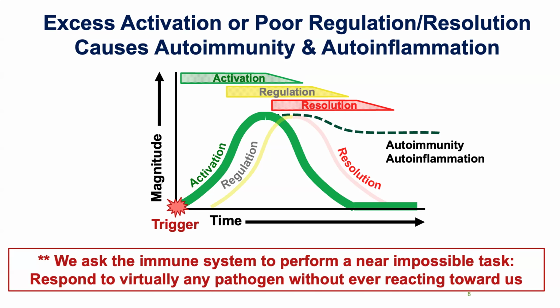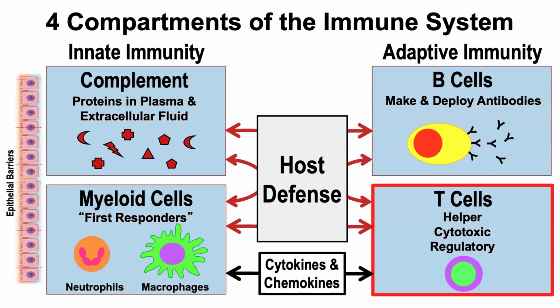However, you can't respond to us. You can't create autoimmune disease. And so it's really quite amazing to think about this delicate balance that the immune system has, of being able to respond to virtually anything without responding to us and causing autoimmunity. It's pretty amazing that we don't all have some immune disease, really.